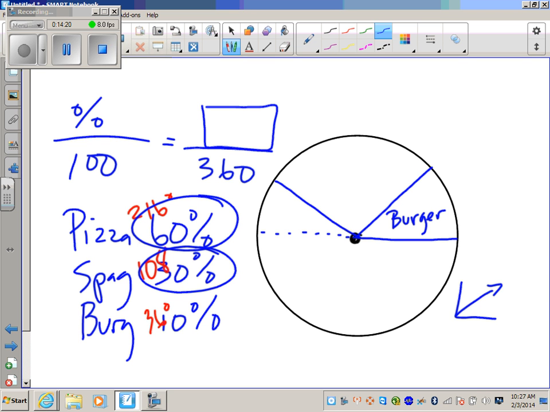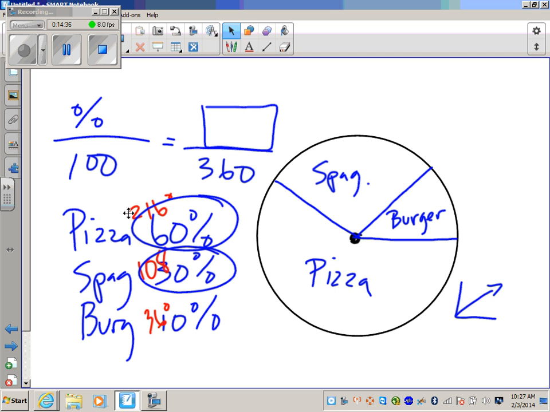Does that look similar to this side? Sure. Close enough. So that was pizza. And then what's left is your spaghetti. Not bad.